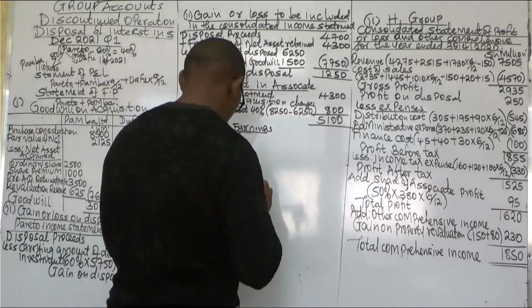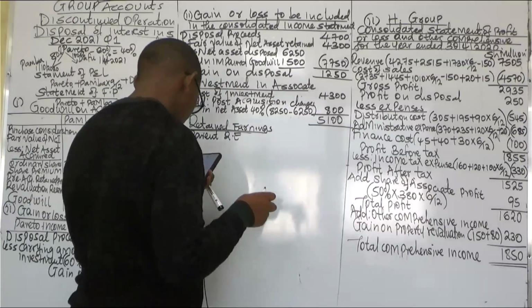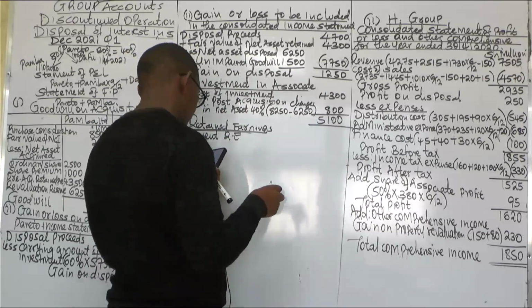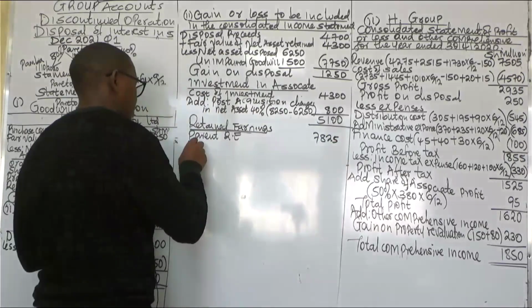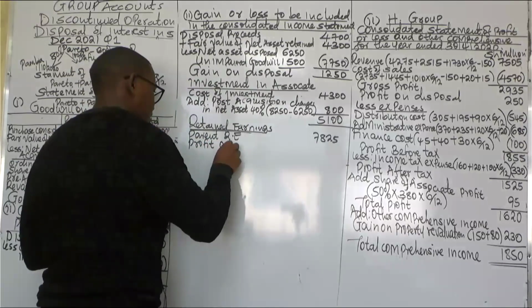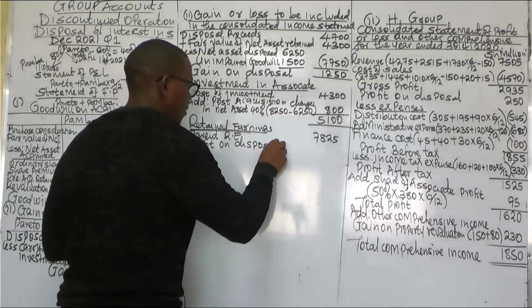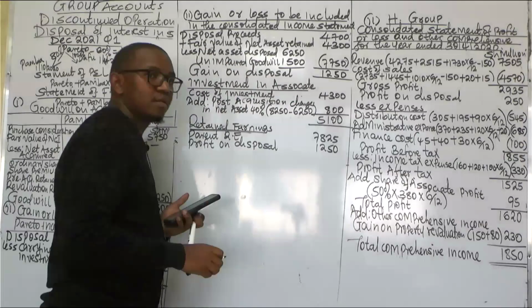What was the retained earnings for the parent? They were 78,25. We also had the profit on disposal. What we take to the consolidated here, we know this will go to the parent.